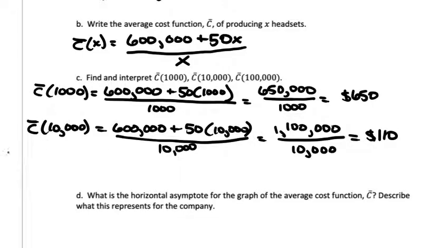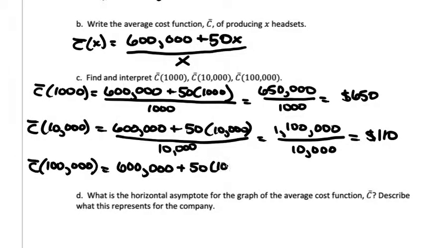So if we have more products, then our average cost per product is going to be smaller. And that happens because my fixed cost of $600,000 is split among more products. And so each product has to bear less of those fixed costs.